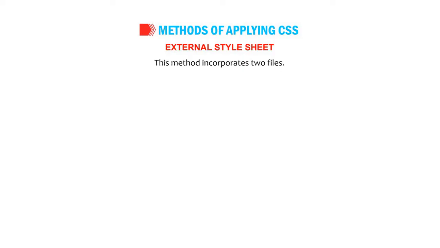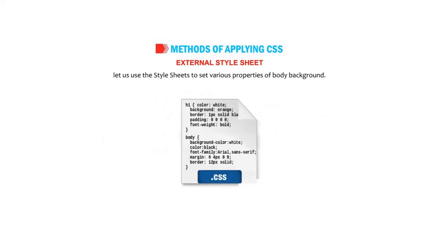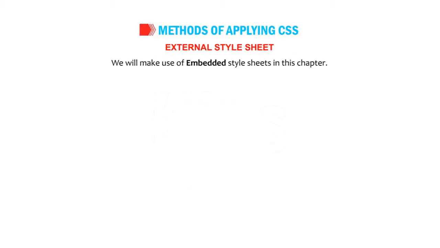This method incorporates two files. One file contains the style code only and the other file contains the HTML code. Let us use the style sheets to set various properties of body background. We will make use of embedded style sheets in this chapter.